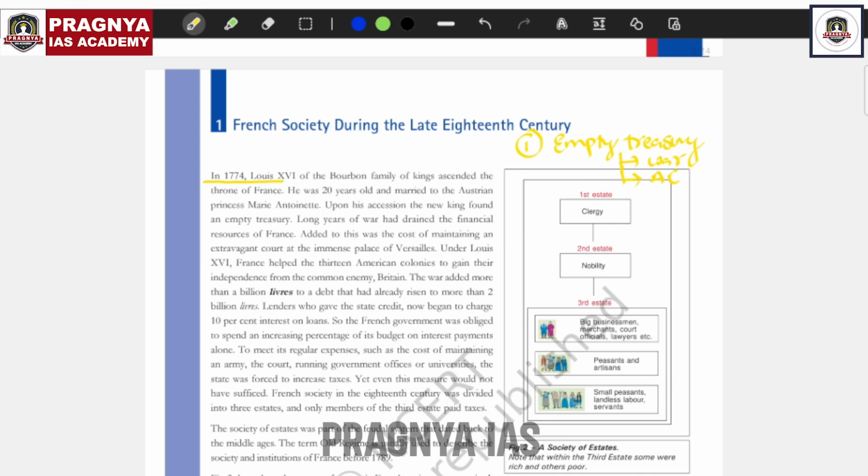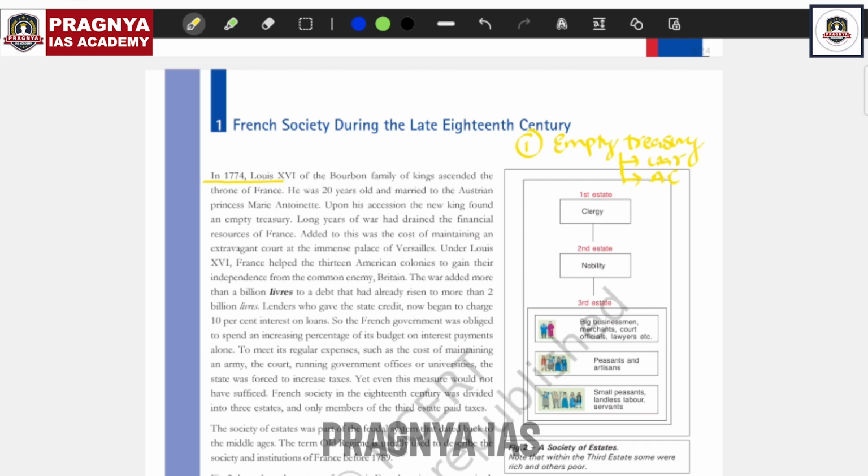And added to this, lenders who gave credit to France also charged a high rate of interest, approximately 10%. So the French government was obliged to spend an increasing percentage of its budget on interest payments alone.